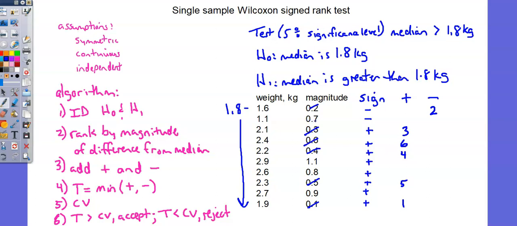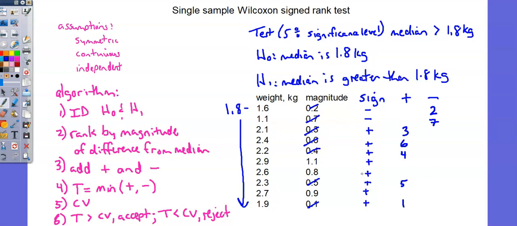Next, 0.7 is the 7th ranking. We seem to be hitting a strange pattern here: the magnitude of 0.6 was the 6th ranking, and the magnitude of 0.7 was the 7th ranking. That's a coincidence. I'm simply going from small to large in magnitude, and it happens to put 0.7 into the 7 spot. The sign is negative. Put that 7 into the negative column.